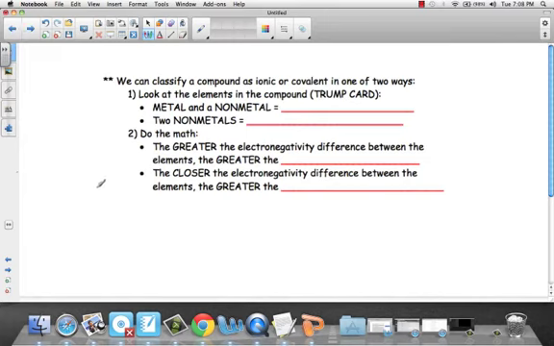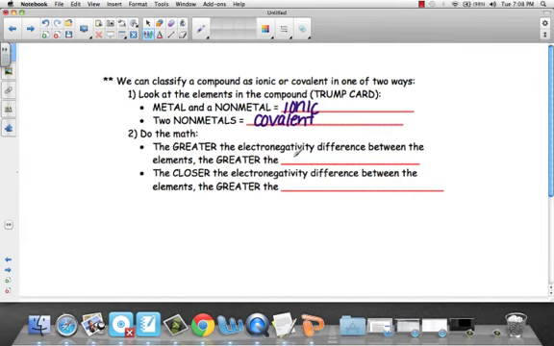We can classify a compound as ionic or covalent in two ways. Look at the elements in the compound. A metal and a nonmetal equals ionic. Two nonmetals is covalent.